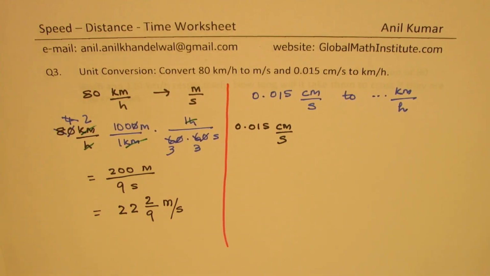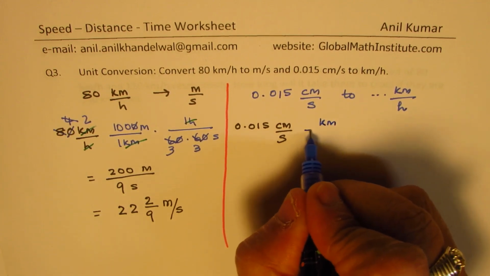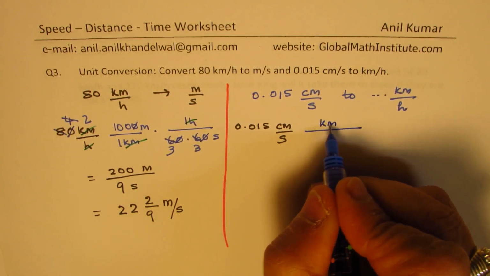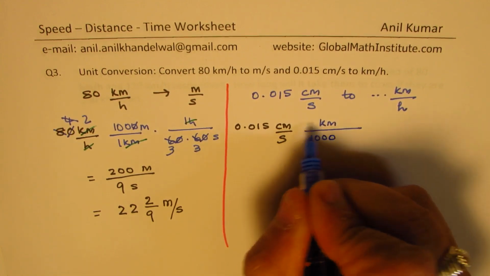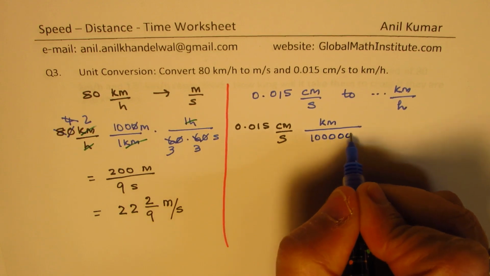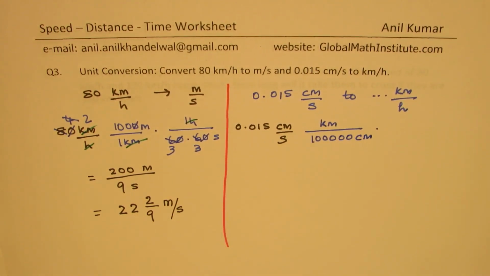Now we need to convert centimeters to kilometers. Okay, how can we do that? Well, we know that 1 kilometer is equal to 1000 meters and then 100 centimeters. Does that make sense to you? So you could do it like this, correct?